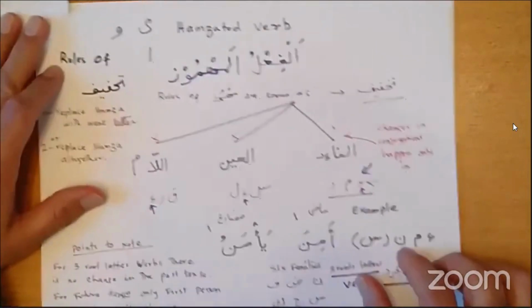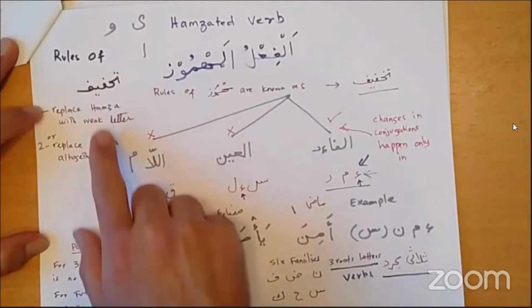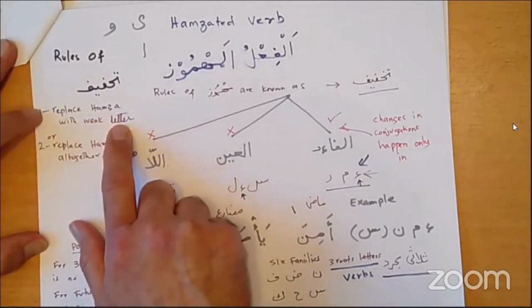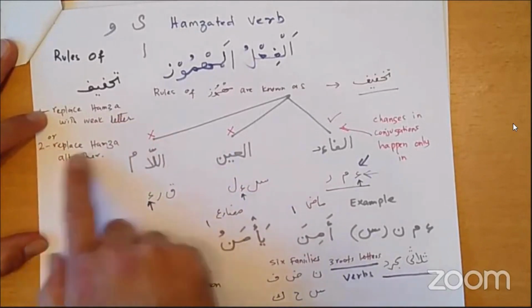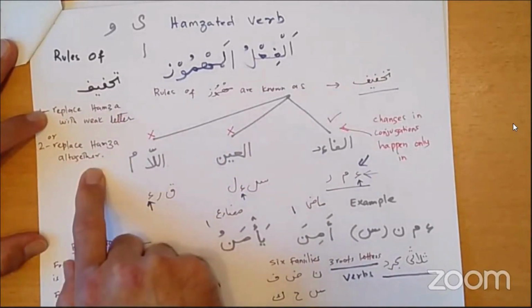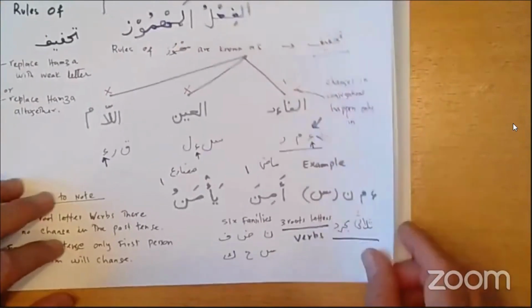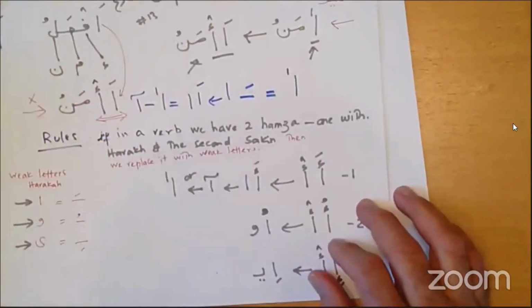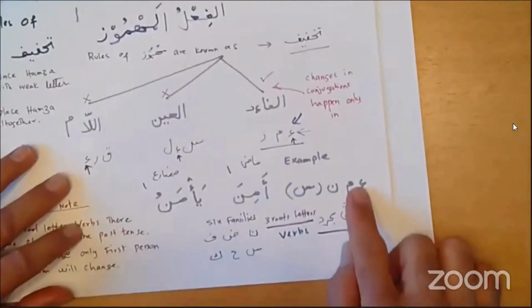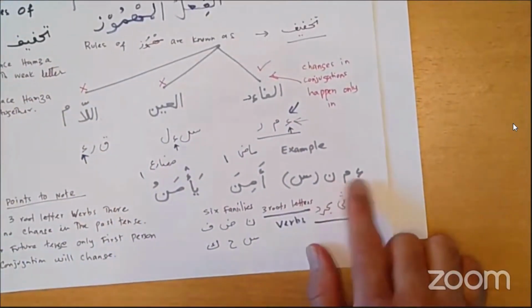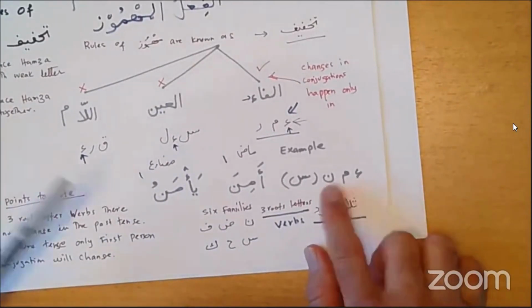Okay, over here. When we do the rules of takhfif, either replace hamza with a weak letter, that was rule number 1, or second, replace hamza altogether. These are the rules of takhfif. Now we did something over here. If we take the root letters hamza, mim, and noon, how many root letters? 3.